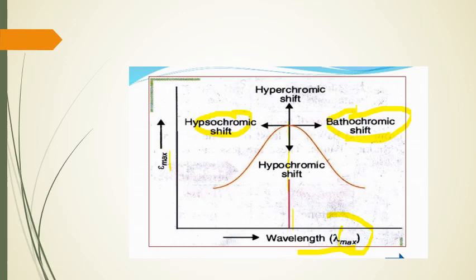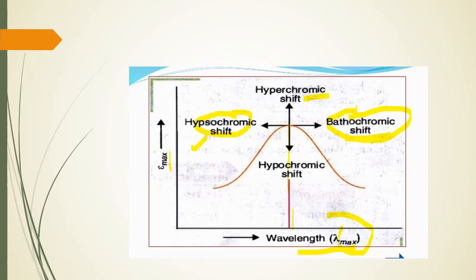When the oxochromes are attached to the chromophore, it is mainly responsible for the bathochromic shift. If oxochromes are not there, then we have the hypsochromic shift. Then if we talk about the intensity shift, we have the hyperchromic shift, which makes the intensity higher.